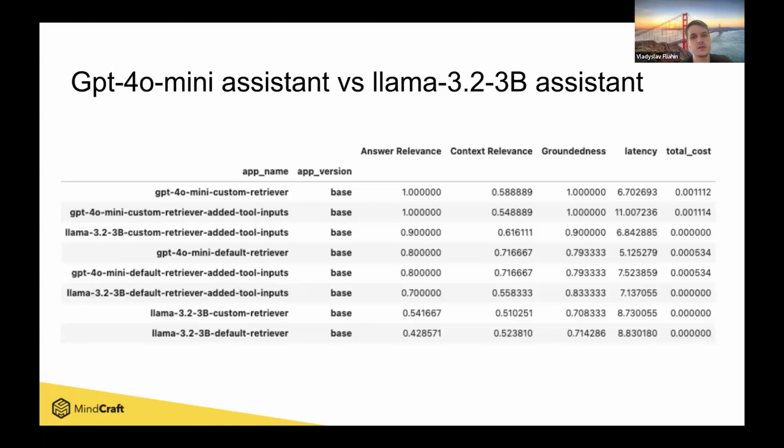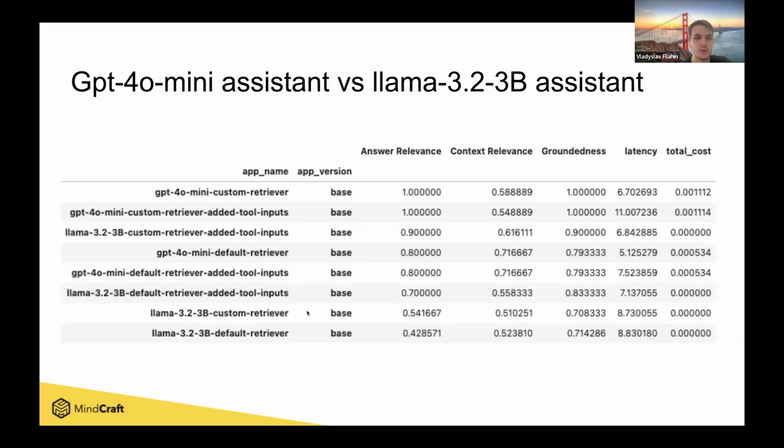And the result is actually a comparison of GPT assistant and Llama 3.2 assistant. What we can see in this table are several setups for two different base models, GPT-4 Mini and Llama 3.2, and the difference is the suffixes. So we have the default retriever, that is just a basic query tool.